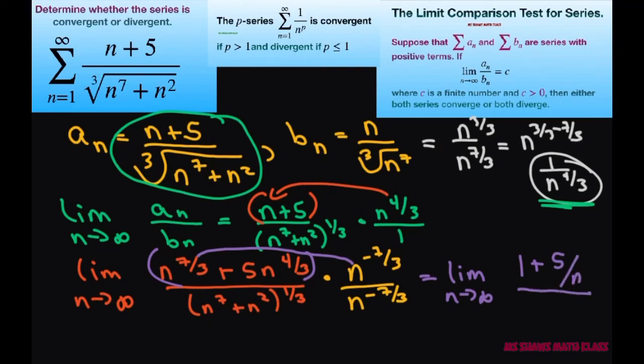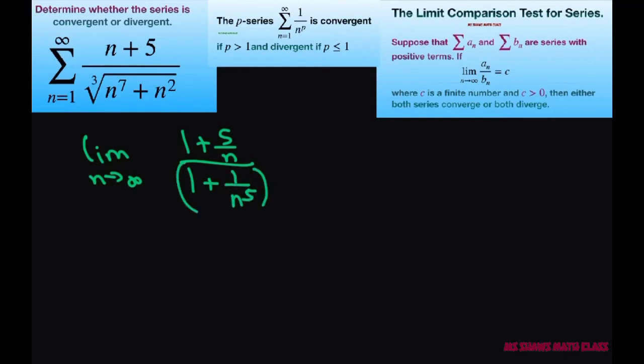And then for the denominator, we're going to have n to the 7th plus n squared divided by n to the 7th, and then we have to the 1/3 power here. Now these are going to cancel out to 1, and then we're going to do this part here. So let's do that next.